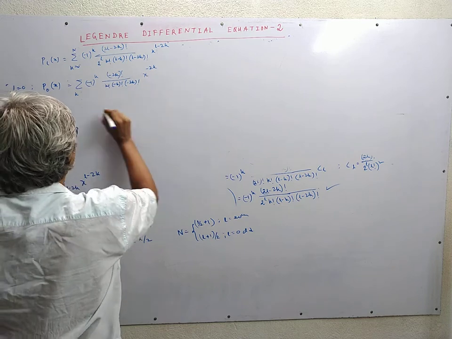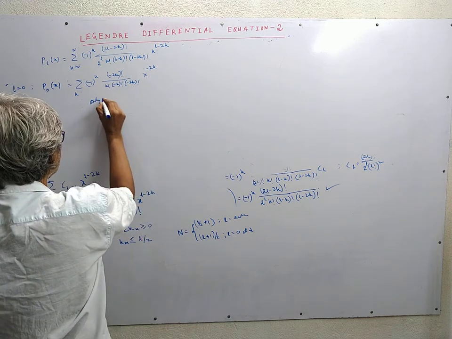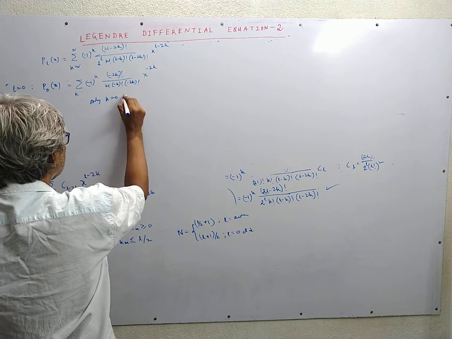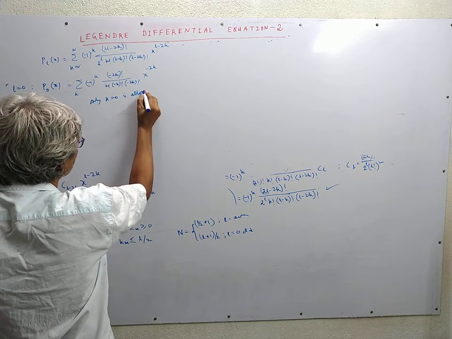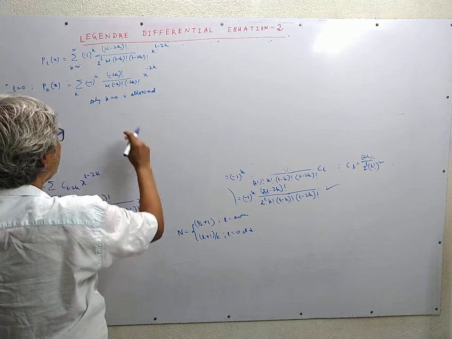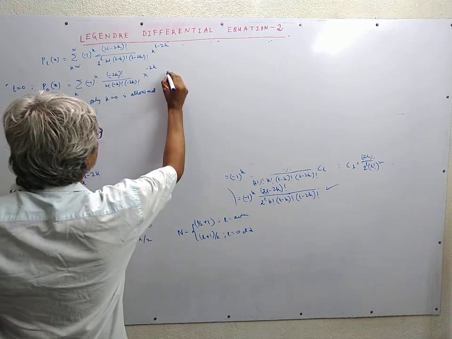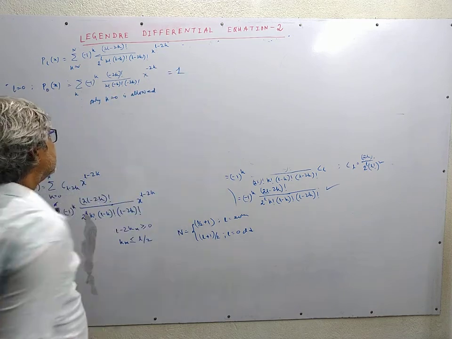Only k equal to 0 is allowed, in which case this is simply 1.